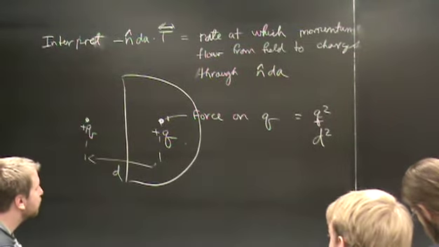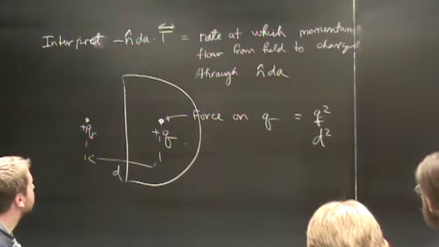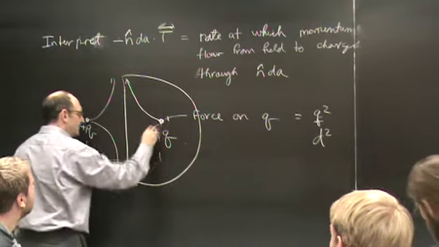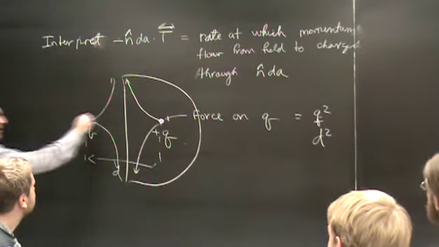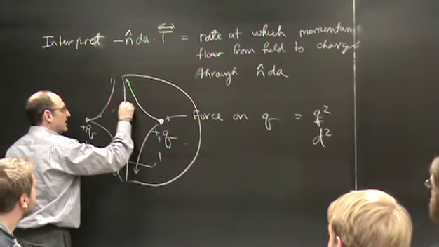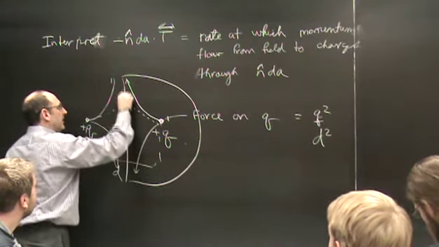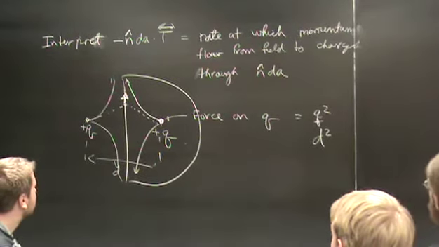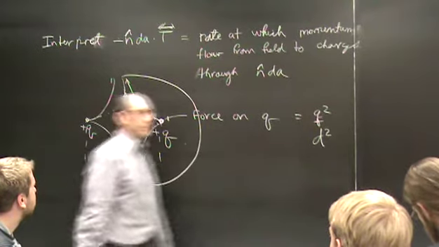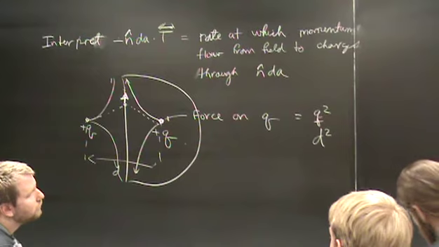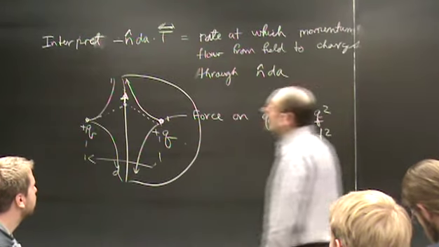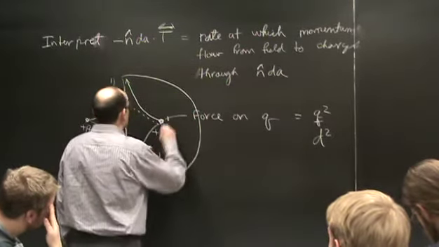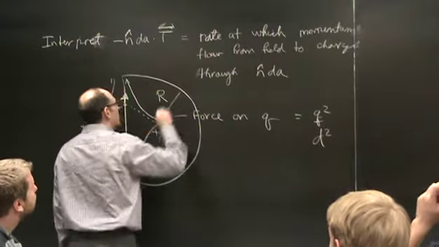Okay? So, just like we had before, these are the field lines. In fact, at any point here, the electric field points along that distance, by the principle of superposition. So, we need to calculate that. In order to make my life simpler, I'm going to take the radius of this hemisphere to infinity.